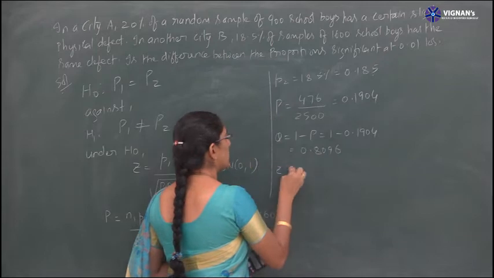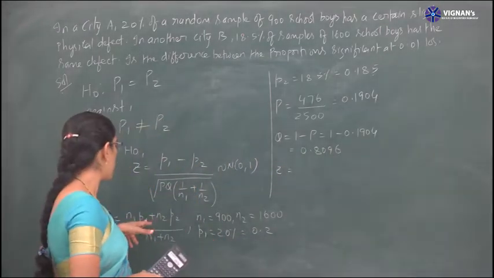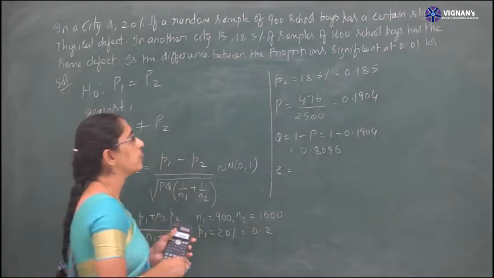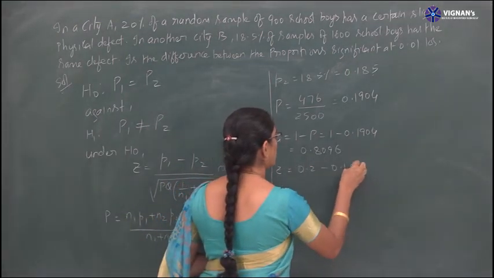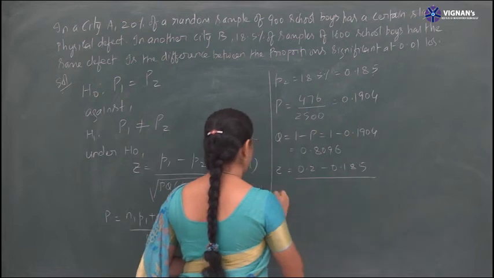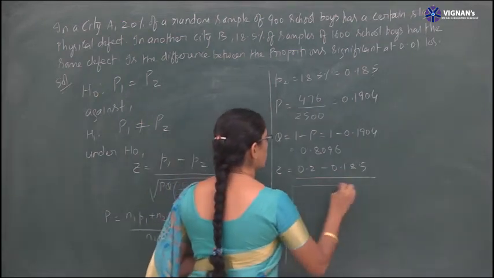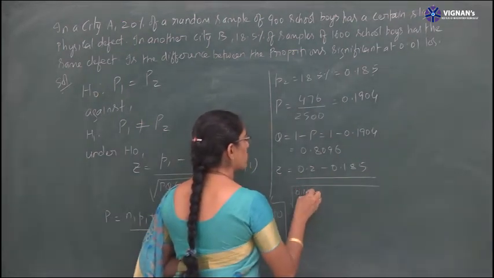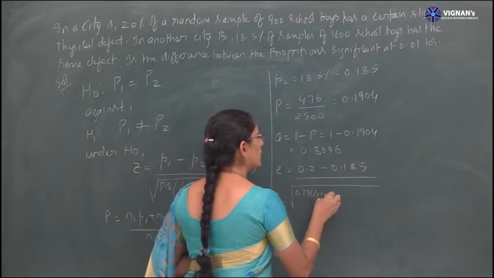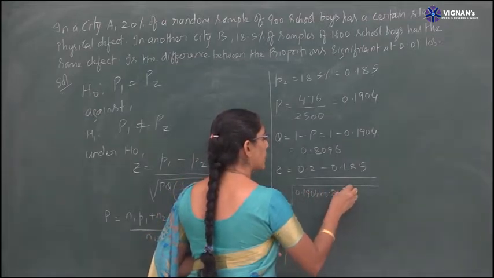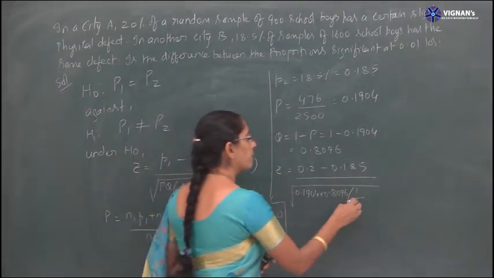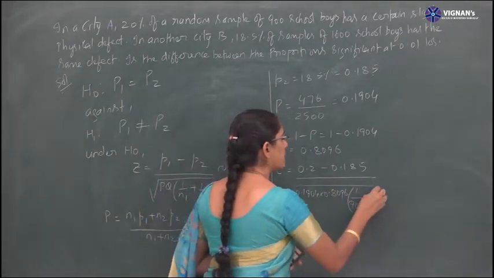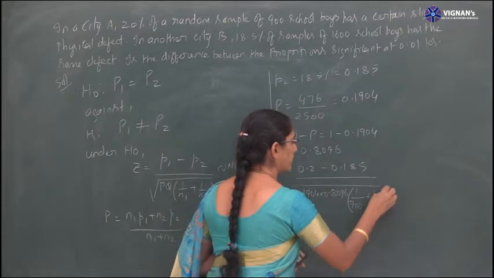Now substitute in the Z formula: small p1 minus small p2, that means 0.2 minus 0.185, divided by the square root of 0.1904 into 0.8096 into 1 by 900 plus 1 by 1600.